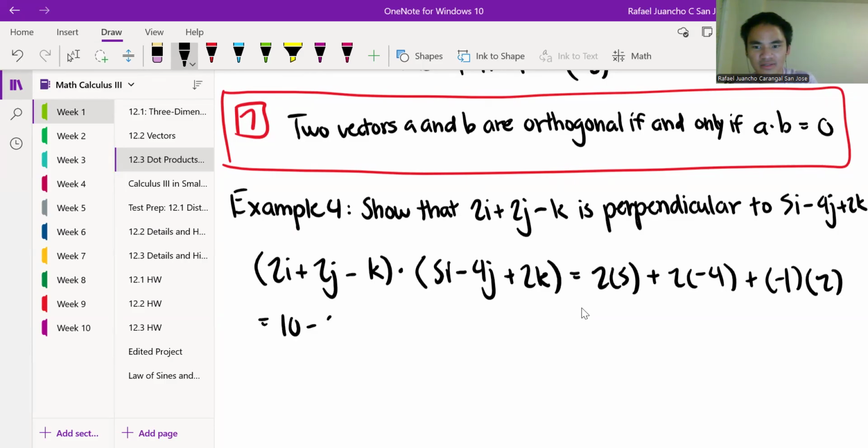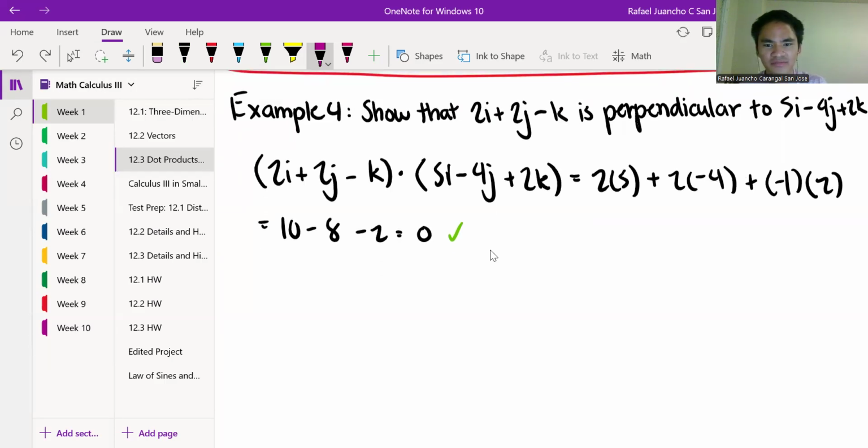This is 10 minus 8 minus 2, which is basically 0. So indeed, this vector here is perpendicular to this vector, because their dot product is 0.